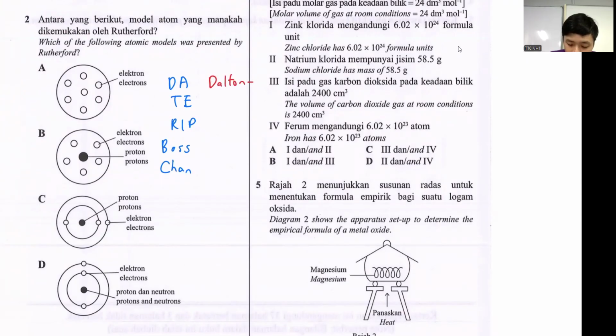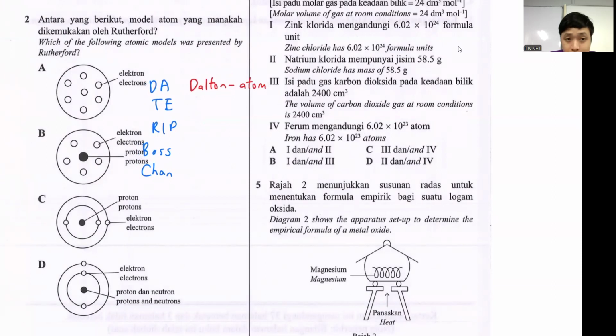Dalton came up with the atom. T stands for Thomson. Thomson came up with the electron. R stands for Rutherford. Rutherford discovered the proton.